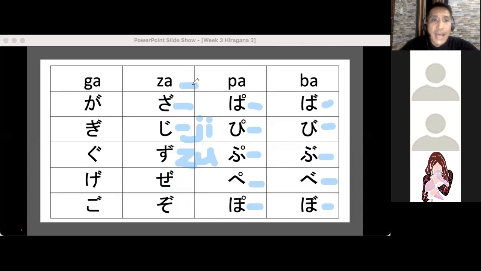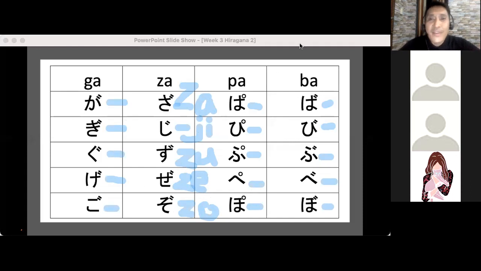This one is za. Za, ji, zu. Sorry. This one supposedly is ze. And this one is zo. Tama. Yun pala siya dapat. Okay? So, that's it. And this one is ga, gi, gu, ge, go.